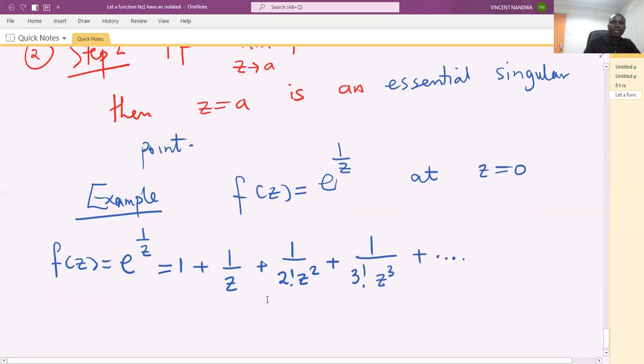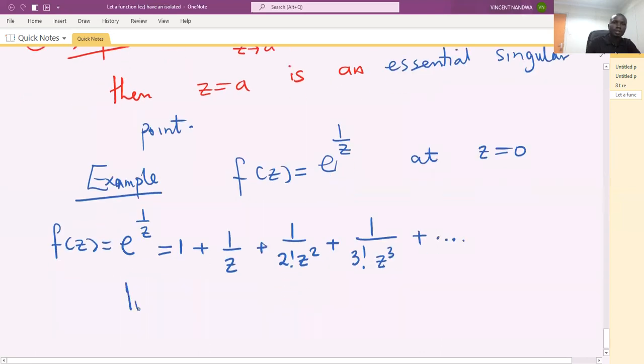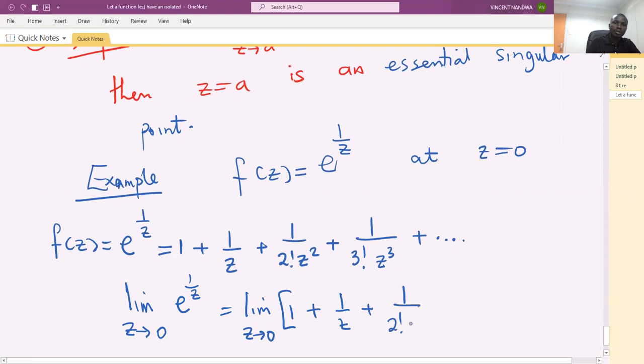You see limit as z approaches 0 of e raised to 1 over z will be limit as z approaches 0 of this series 1 plus 1 over z plus 1 over 2 factorial z squared plus 1 over 3 factorial z power 3 plus other several terms.